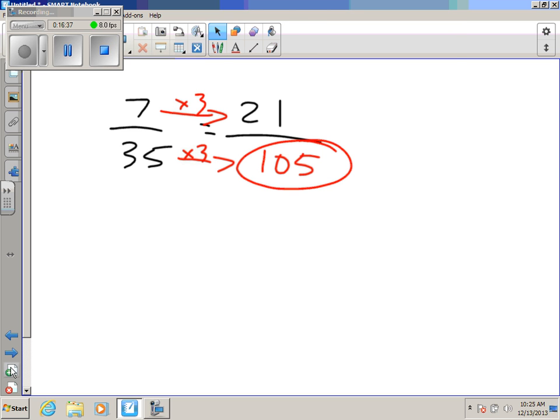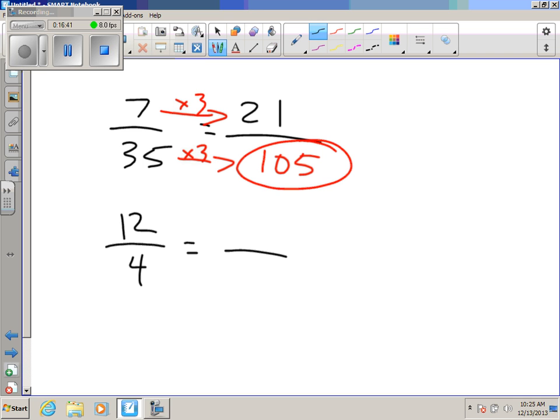Okay, try another one here. 12 over 4 equal to something over 28. Now, of course, you can only test the relationship between where you have both terms. And here is where I have both terms. Doesn't matter if it's top or bottom. They got to be the same anyway.